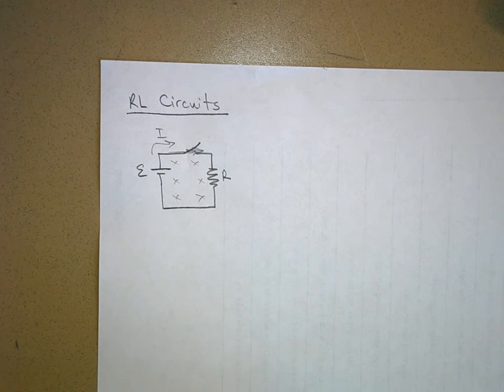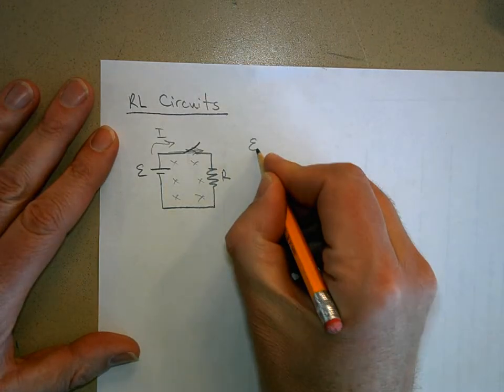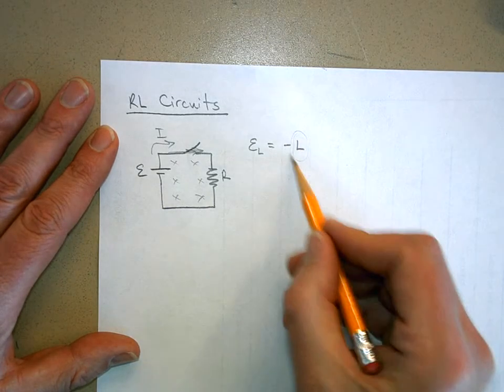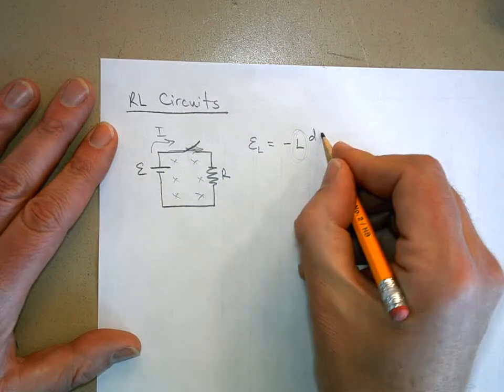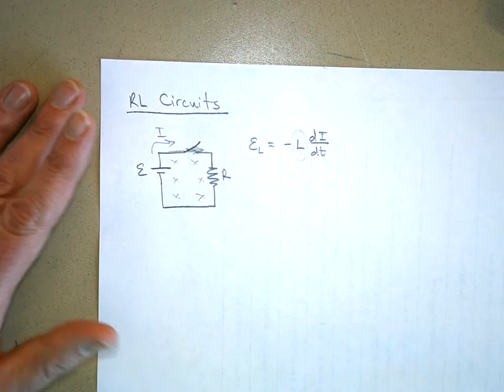I don't like changing current. I got no problem with flux, just don't change my flux, okay? Just back off. And that's why we get a back EMF. And that back EMF we said was equal to negative L, which is a function of the circuit, times di/dt. And we called this the inductance of the circuit.